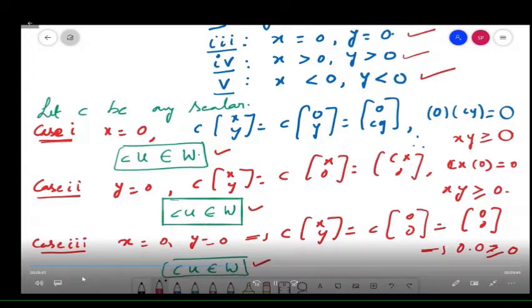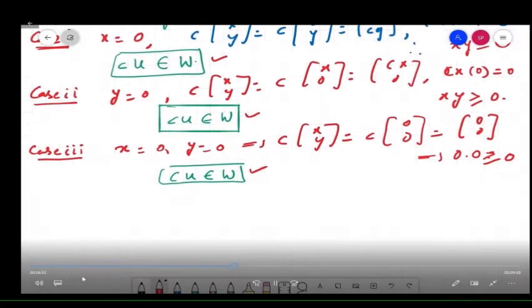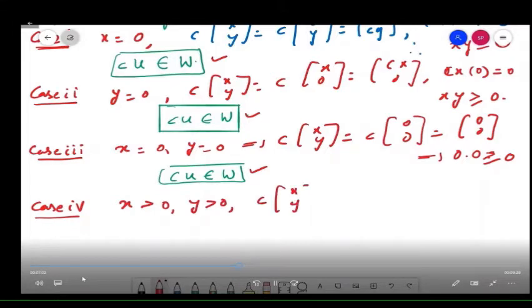Next we have to go for the next case, case 4. What do we have in case 4? Case 4 we have x greater than 0, y greater than 0. Both x and y are positive. Then c into (x, y) is equal to (cx, cy). Then what is the product of these two components?